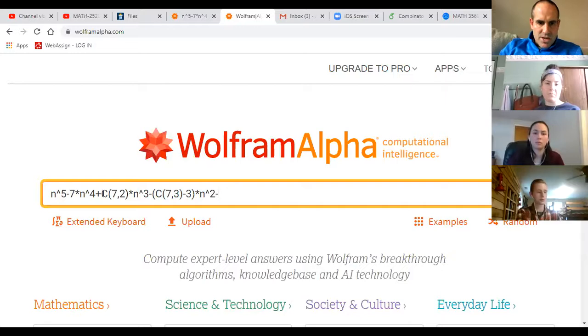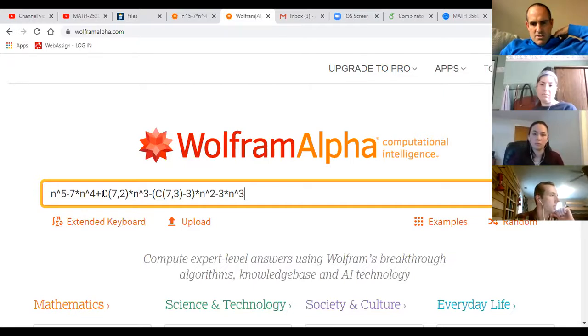Minus 3n cubed. It looks basically the same as what we had. Okay, so far. And then in S4, 7 choose 4 minus 14 times n plus 14n squared.